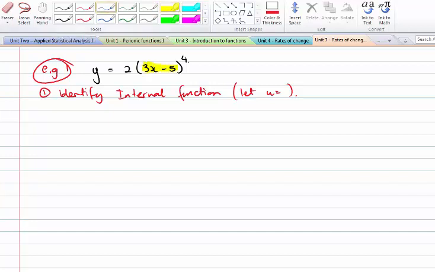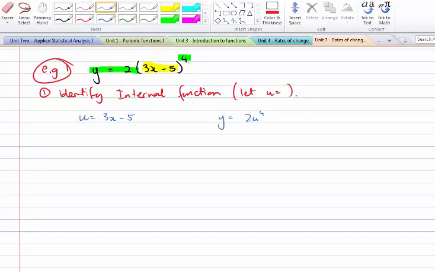So that means that u is going to be 3x − 5. And so now we can state what the external function is. So the external function will be that y is equal to 2u to the power of 4. So since we let that 3x − 5 be u, we replace it in that function as well.